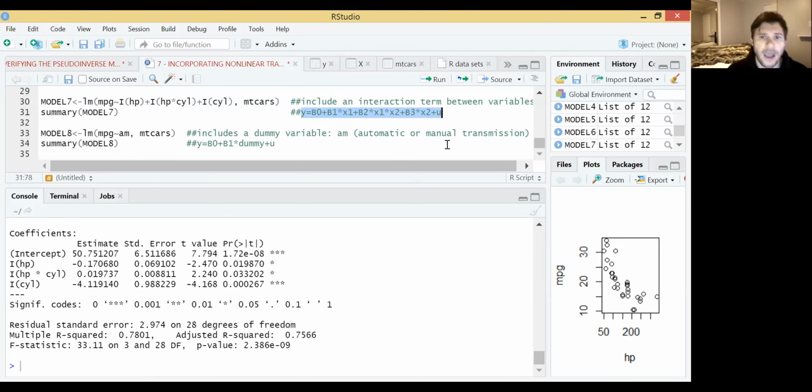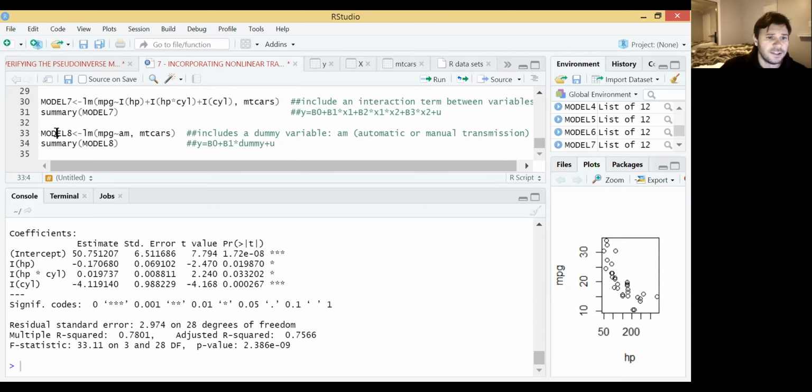The partial derivative of y with respect to x1 will give you the partial effect x1 has on y. And you will see here that that's going to involve both beta 1 and beta 2 because we have an x1 in both of those terms. So that is how you would manually code interaction terms. And again, try to mess around with that poly function to see if you can do that as well.